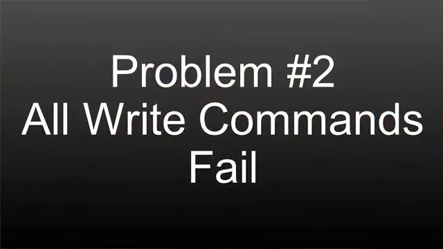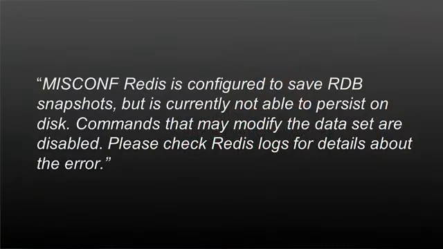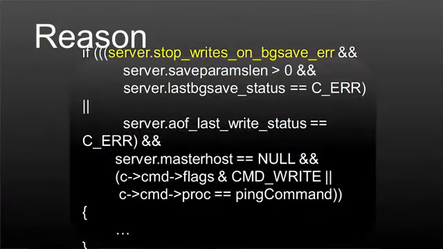And second, all write commands suddenly fail. At this time you can get this error message: MISCONF Redis is configured to save RDB snapshots, and so on. I'll just skip that. Because there is a config, stop-writes-on-bgsave-error.